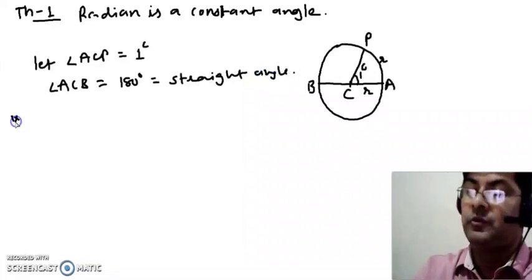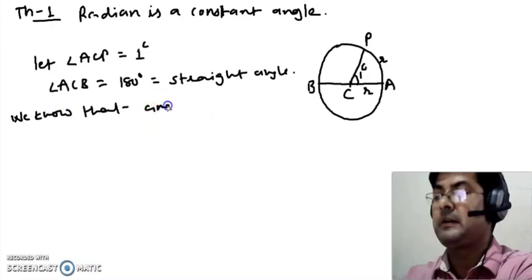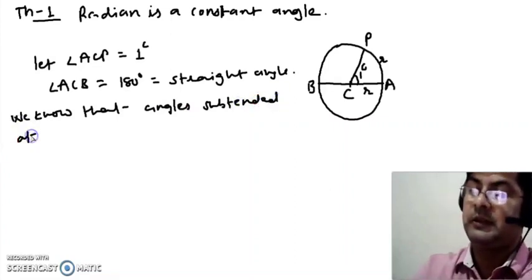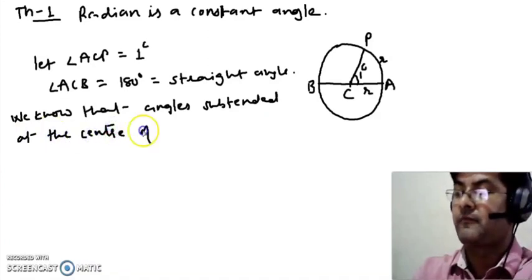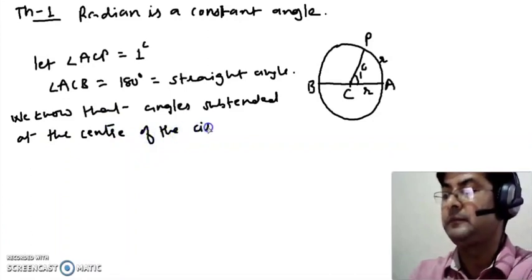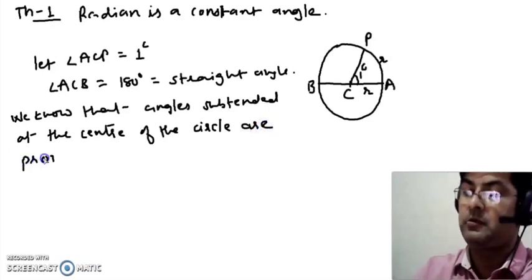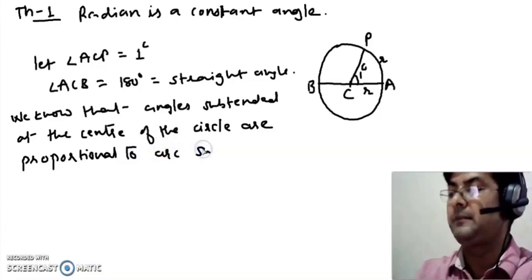We know that angles subtended at the center of the circle are proportional to the arc subtending them.